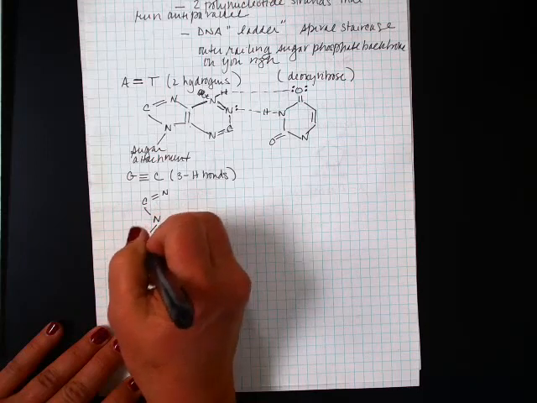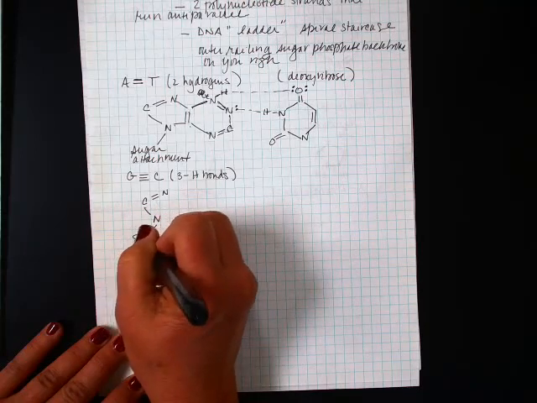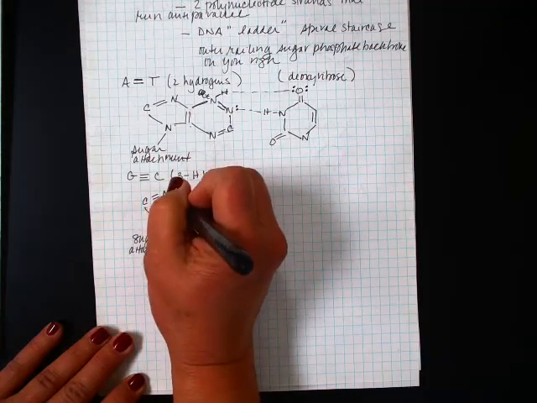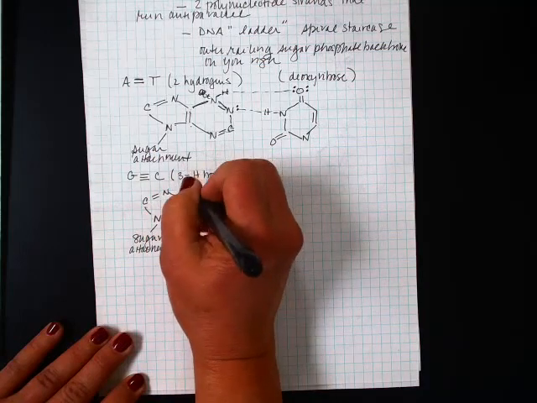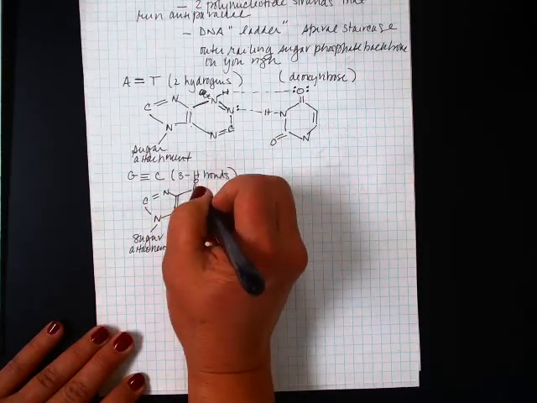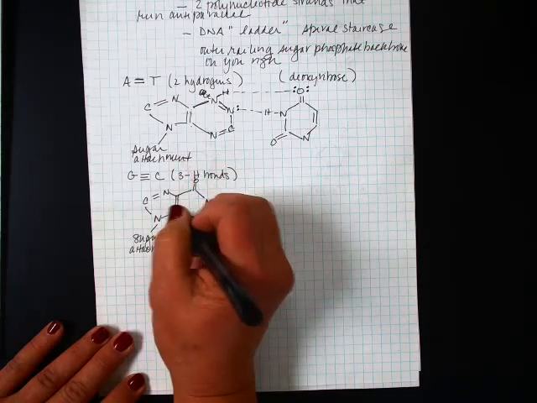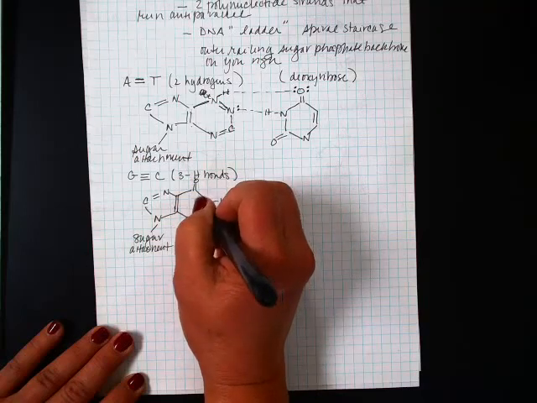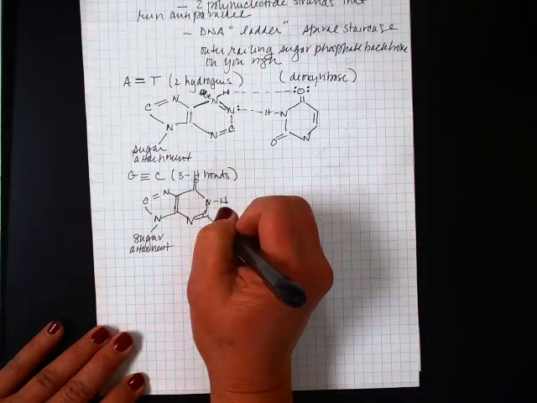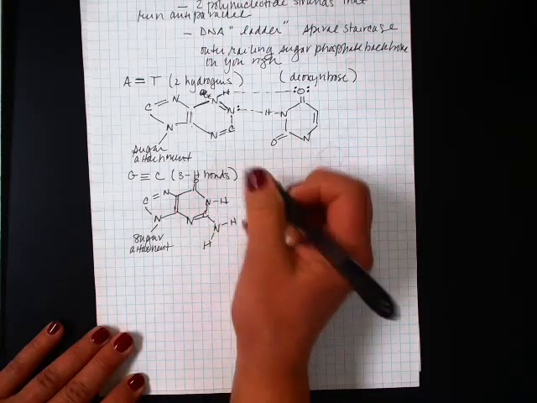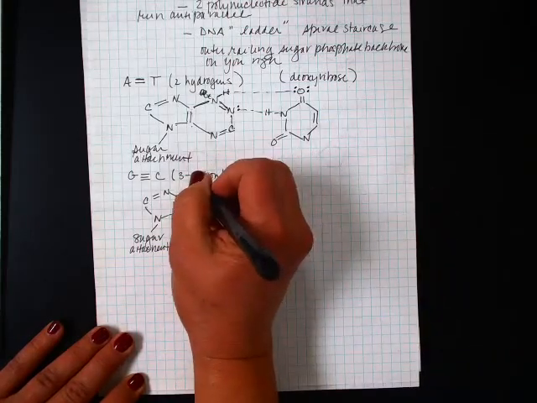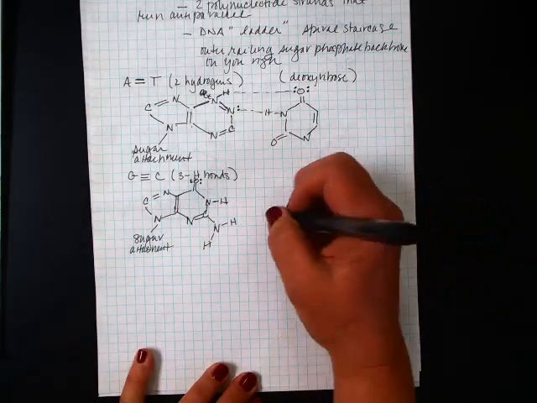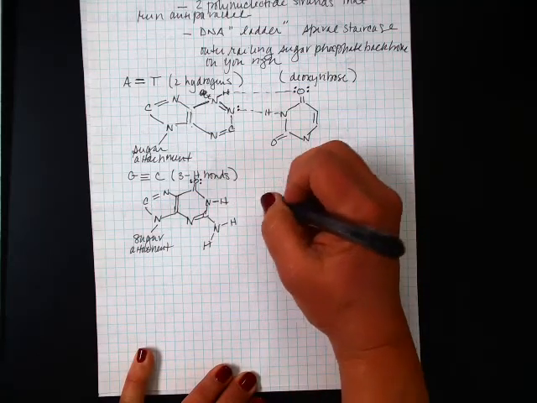Double bond here. Carbonyl, nitrogen with a hydrogen. Nitrogen here. Double bond C, and that amino group, which has 2 hydrogens. Of course, this will have lone pairs of electrons, and I'm going to have to draw this a little tipped to make this work.